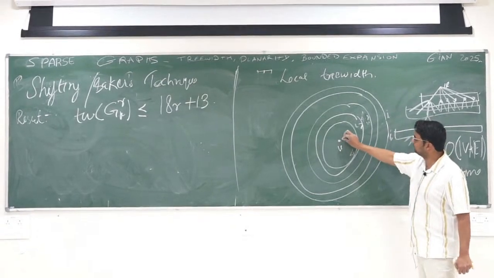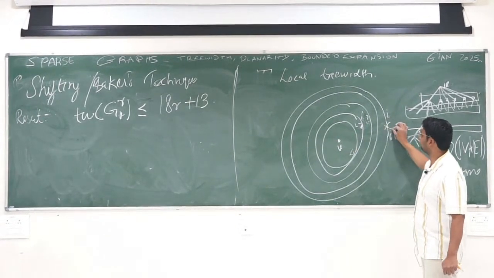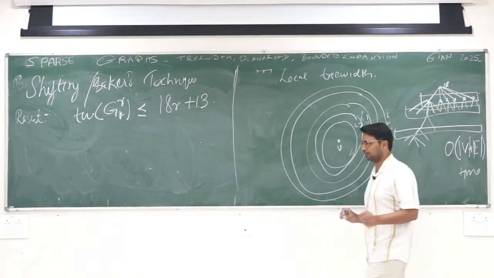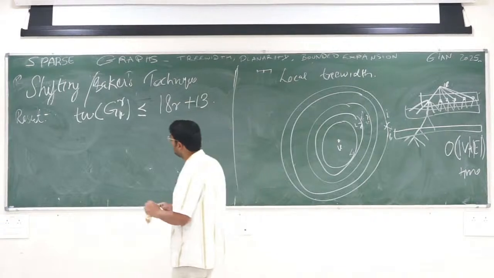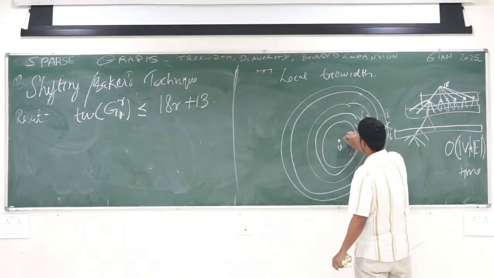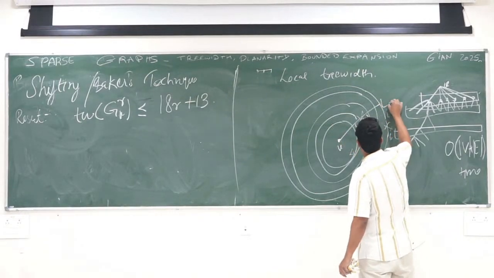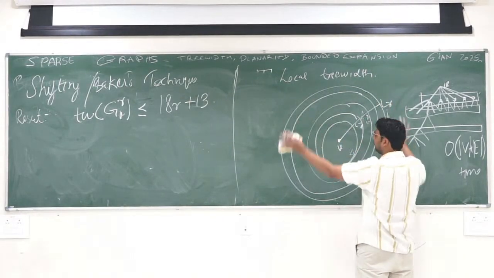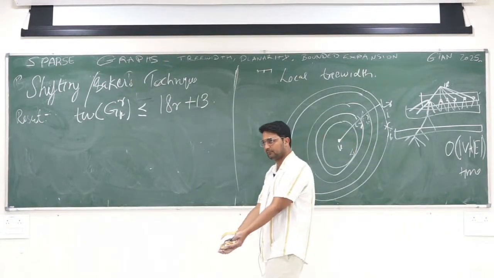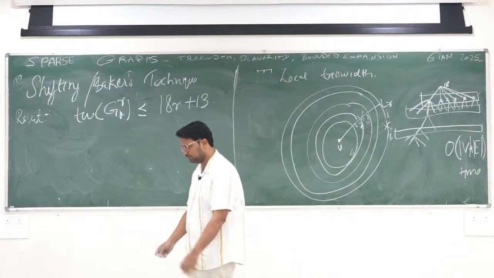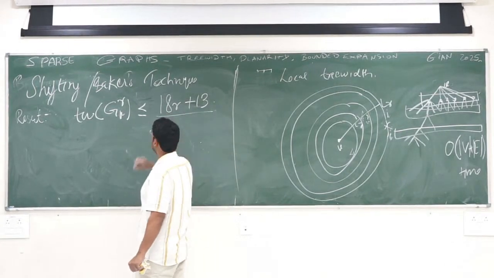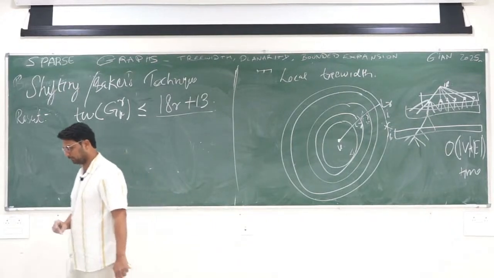Then the distance from V to any vertex of Li is exactly i. Now, if I take this graph from here to Lr, take all the vertices and induce this graph as a subgraph of my graph G, then I am claiming that the treewidth of my graph is bounded by this particular number.